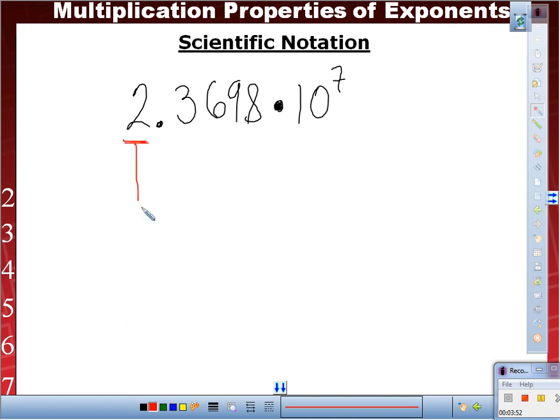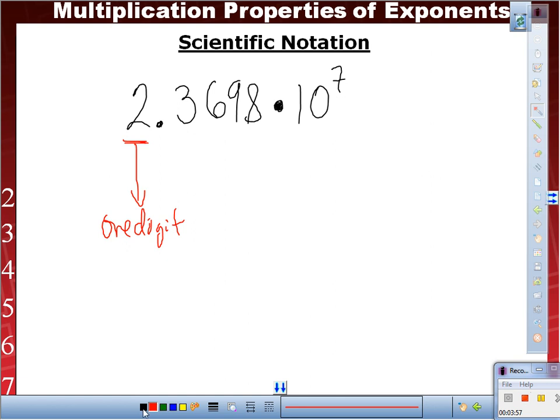You can only have one digit on the left of the decimal, and it cannot be 0. So it has to be from what number to what number? From 1 all the way to 9. That's as much as you can have. The rest to the right, it doesn't matter how many digits you have on the right of the decimal, but on the left you can only have 1.